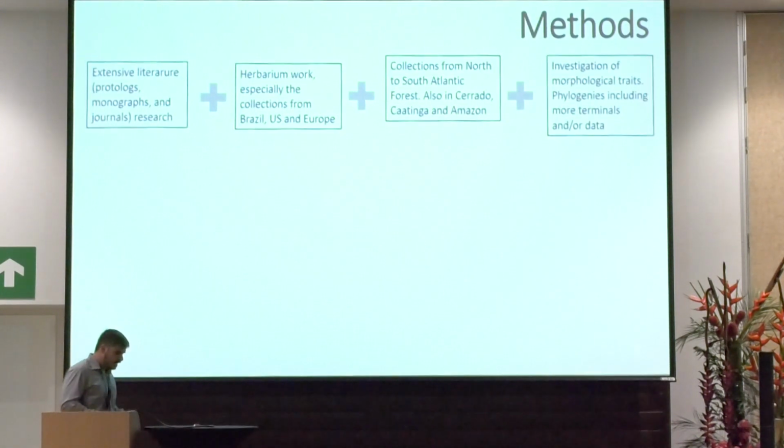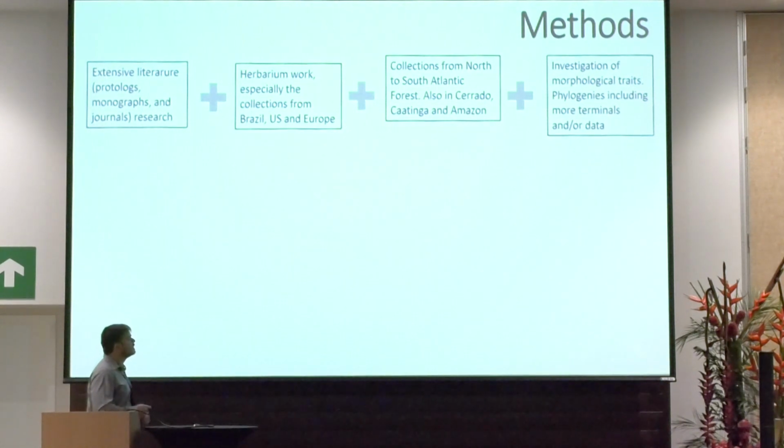Okay, so we used four elements to compile all of these works that I will show you, especially the extensive literature research, including the protologs, monographs, journals, and extensive herbarium work, especially in the collections from Brazil, from south to north Brazil, collections from the US and collections from Europe.